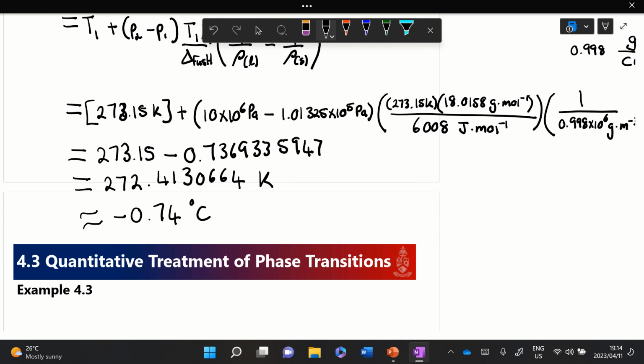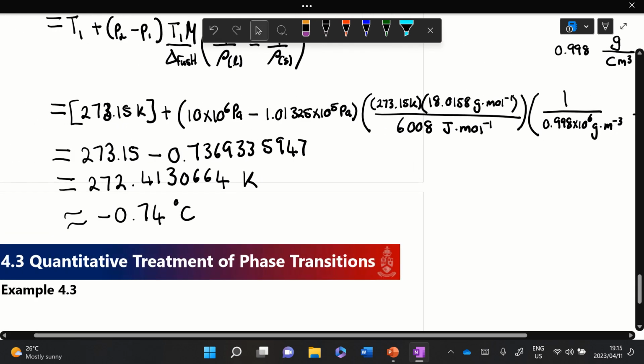Remember, water is the only exception we have to the negative slope on its phase diagram, because of its open hydrogen bonding structure. By the higher pressure, it forces those intermolecular gaps to be a bit smaller, and then it can influence the conduction of heat in those gaps, lowering the melting temperature of the solid, as we see here. That's exactly what we calculated.